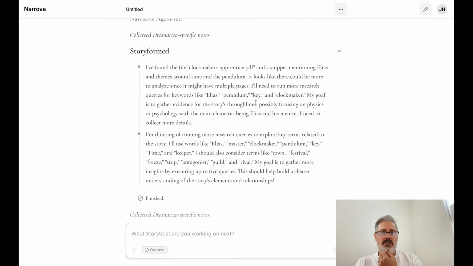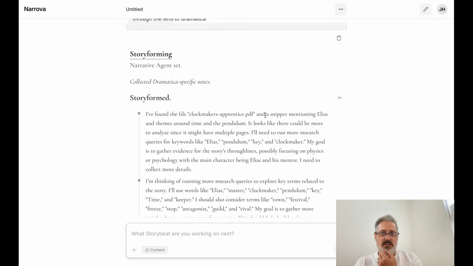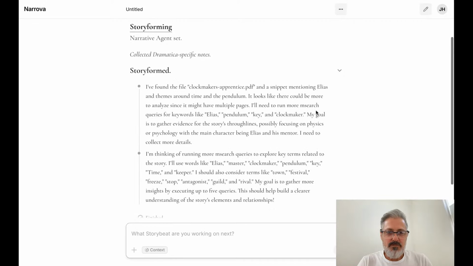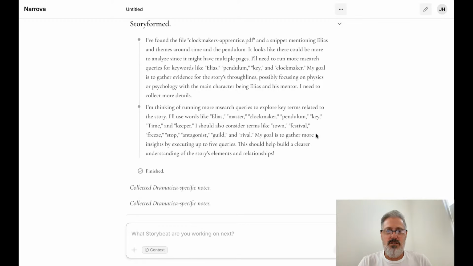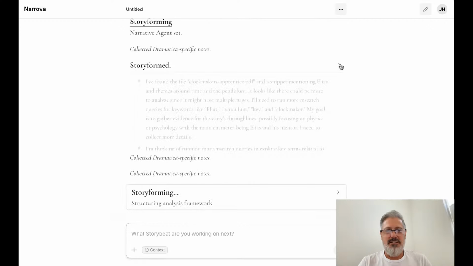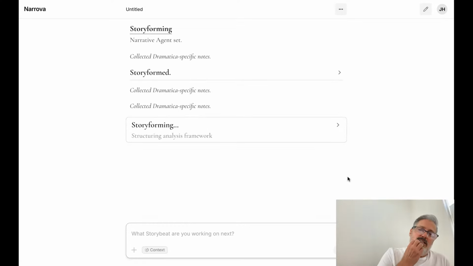Yeah, Clockmaker's Apprentice. So this is nice because you can make sure that it's actually reading it. And a snippet mentioning Elias and themes around time and the pendulum. Oh boy. I think it's running more searches to explore key items. See, it's trying to find some kind of story. Now it could read into it and make something really huge, or it could say there's nothing here. This is taking longer than the Anna one.